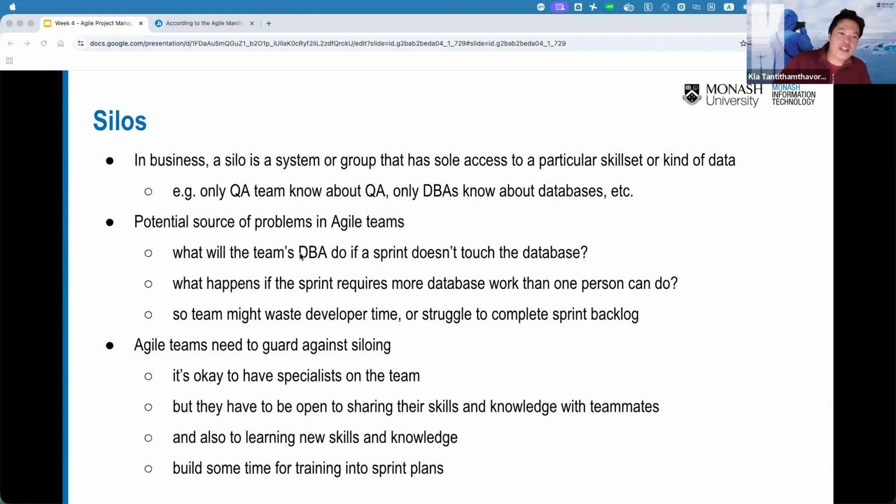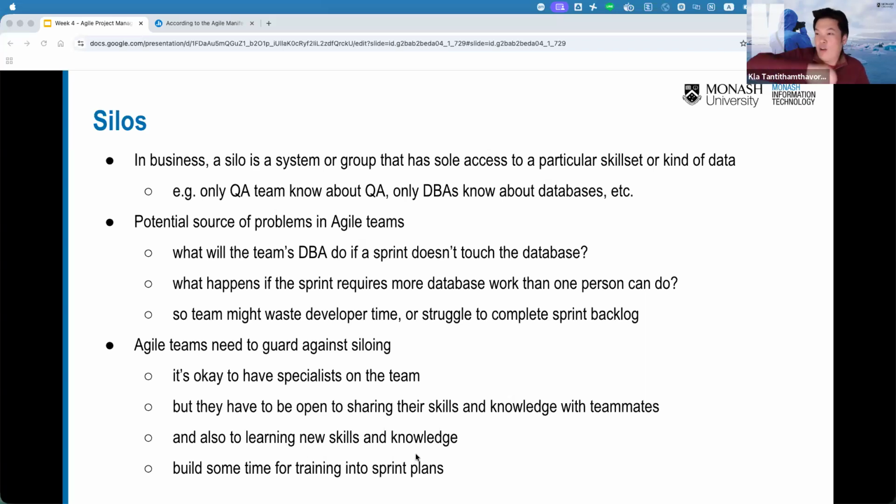Potential sources of problems in the Agile team. I explain everything within this slide. That's why Agile teams need to guard against siloing. It's okay to have specialists on the team, but they have to be open to sharing their skills and knowledge with the teammates, and also to learning new skills and knowledge. Build some time for training into the sprint plan as well.